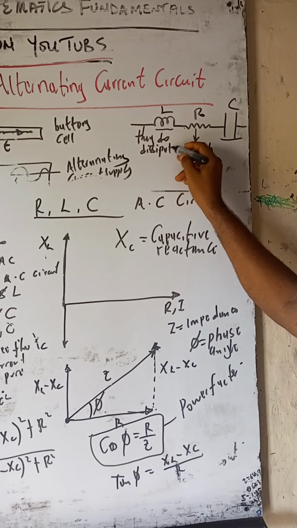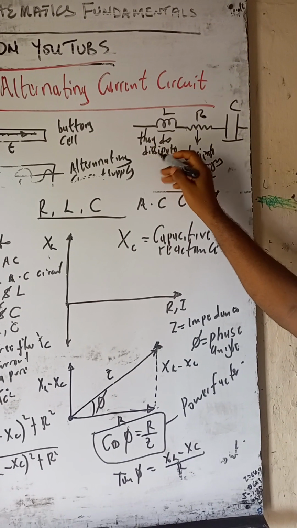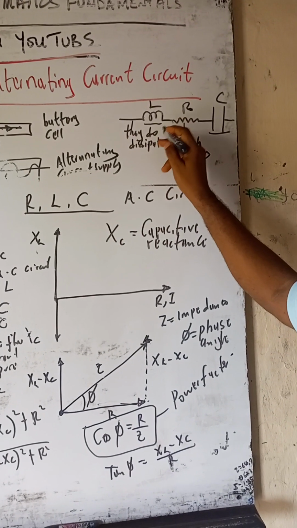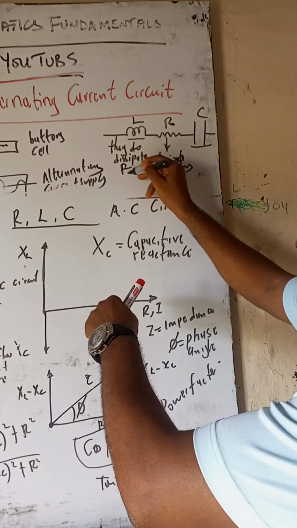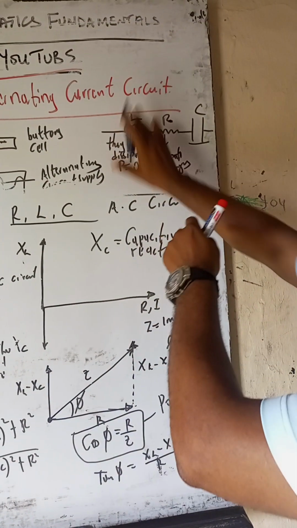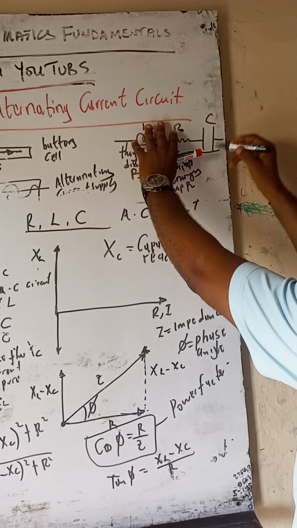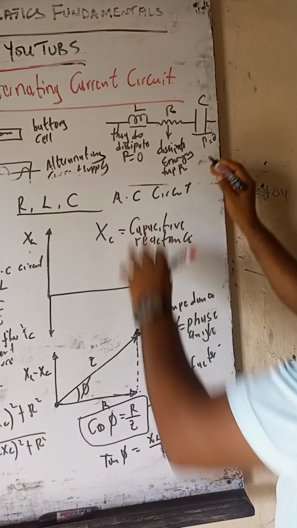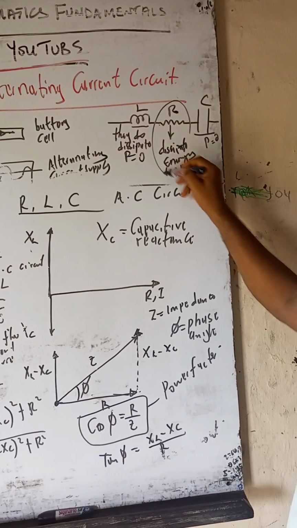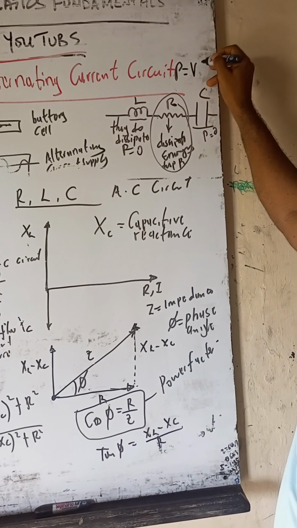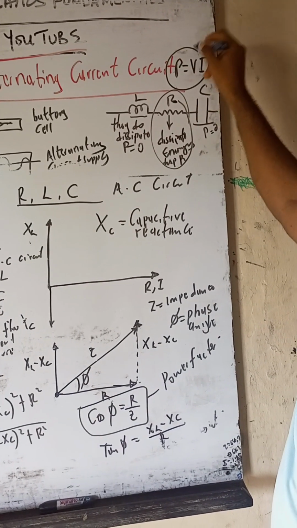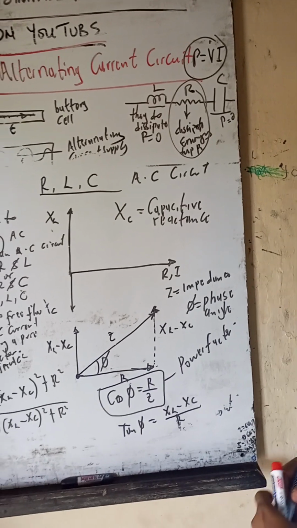That means they do not waste energy. Therefore, the value of the power for an AC circuit containing only an inductor will be zero. The same thing for an AC circuit that contains only a capacitor, the power is zero. But for AC circuits that contain a resistor, the power is given as VI. So please take note of that.